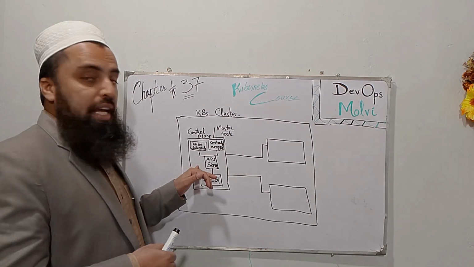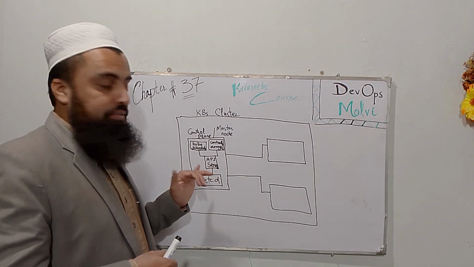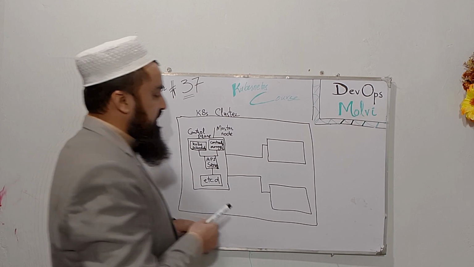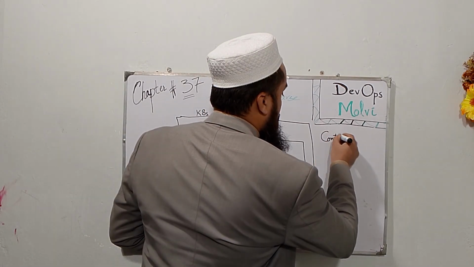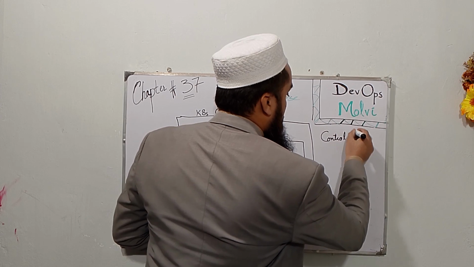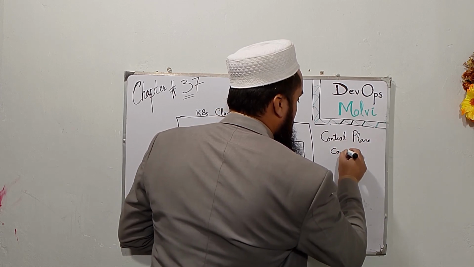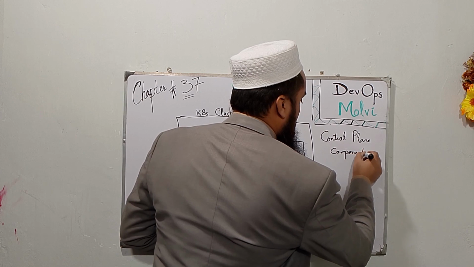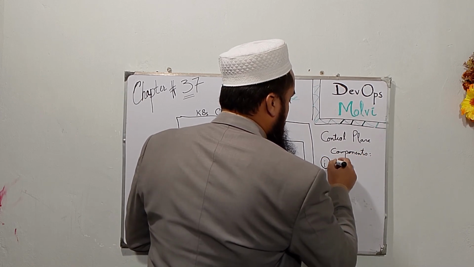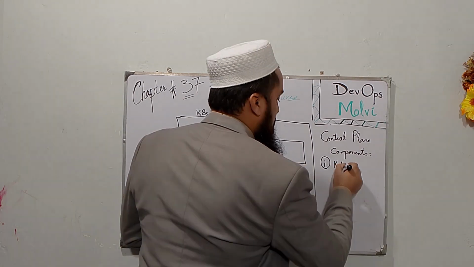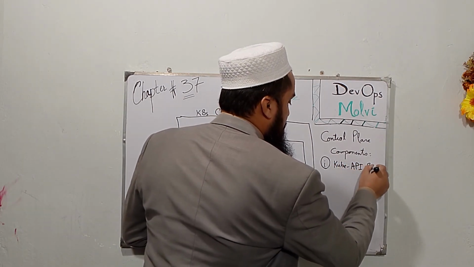The first is Kube-API server. Control plane components, number one, Kube-API server.